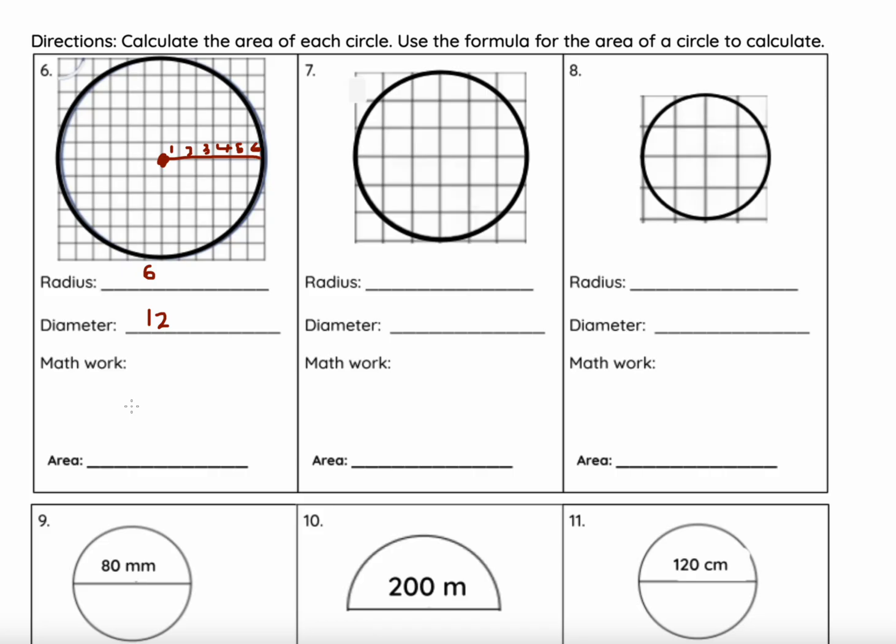Now I'll need to show my math work here, and I want to start off with the formula for the area of a circle. And once again, the formula for the area of a circle is this one. Oops, that's too big.